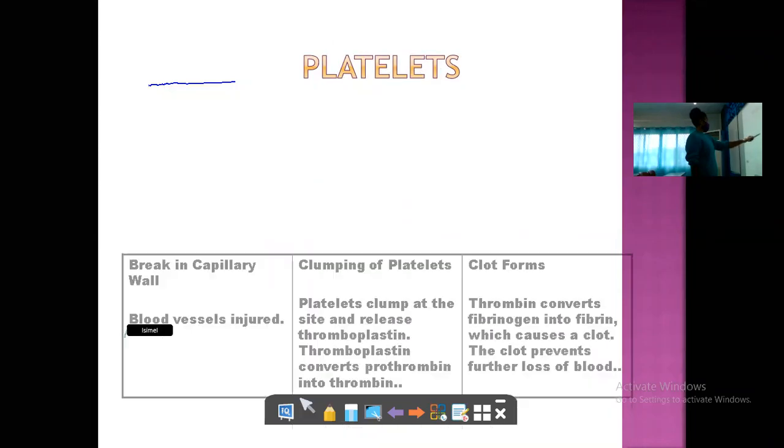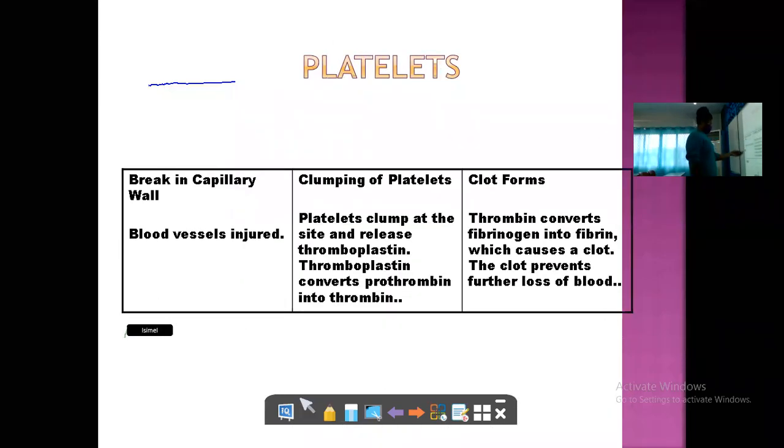Platelets are cell fragments, and their main function is blood clotting.